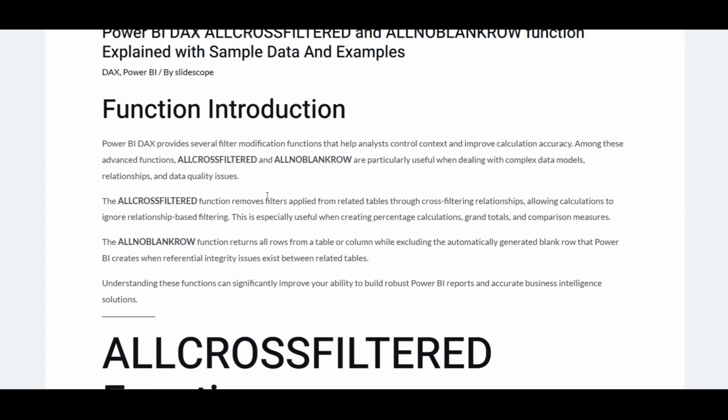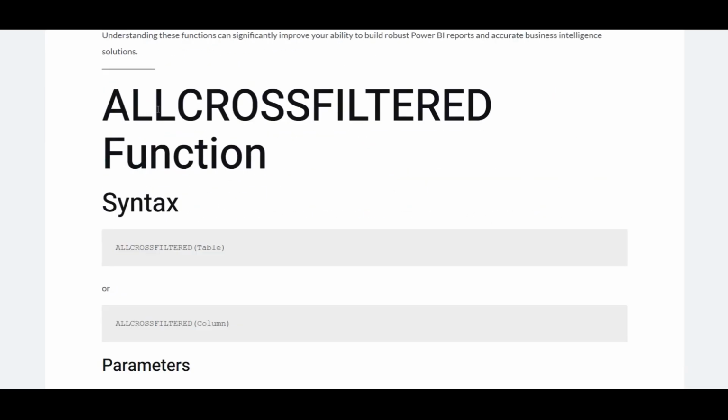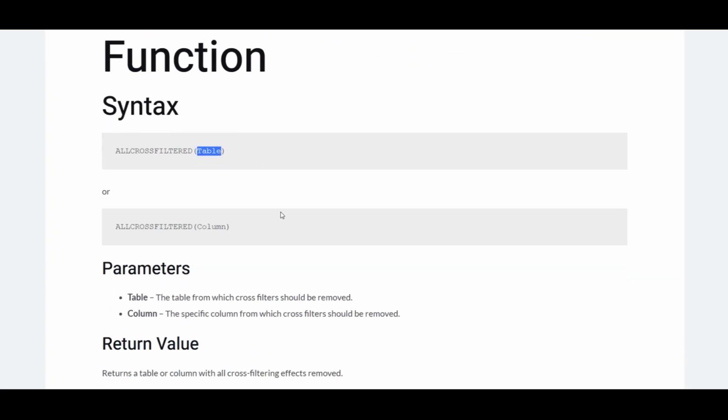It removes filters applied from related tables through cross filtering relationships, allowing calculations to ignore relationship-based filtering. And this is especially useful when creating percentage calculations. So its syntax is ALLCROSSFILTERED and then you select a table.